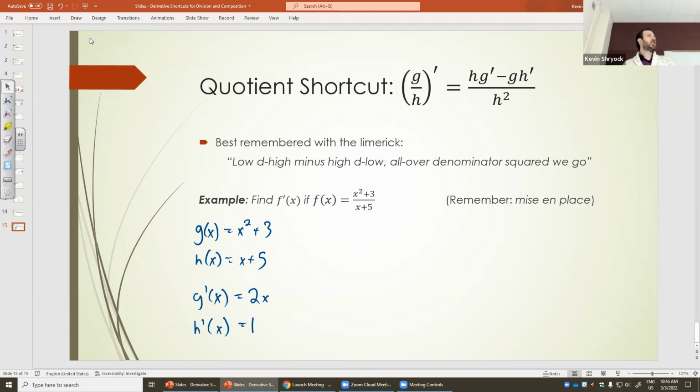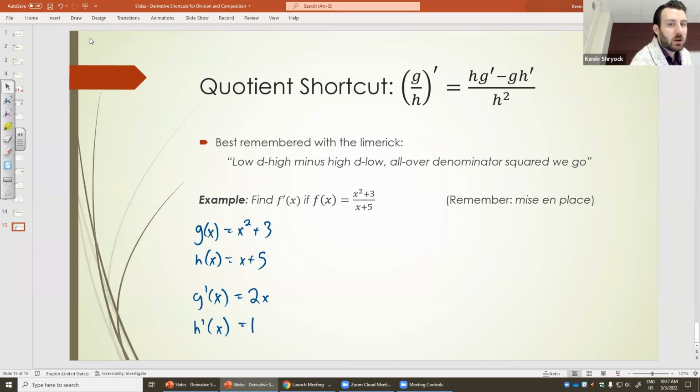Once we've got these off to the side, we can just let our limerick carry us, right? So our limerick is low d high minus high d low, all over denominator squared we go. So we can go ahead and let this flow on through.